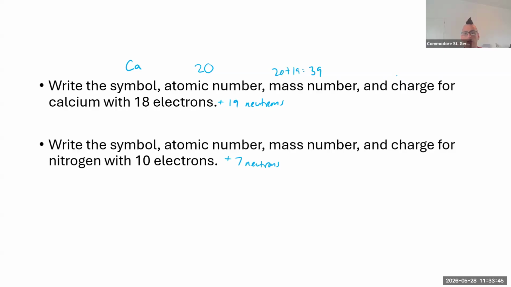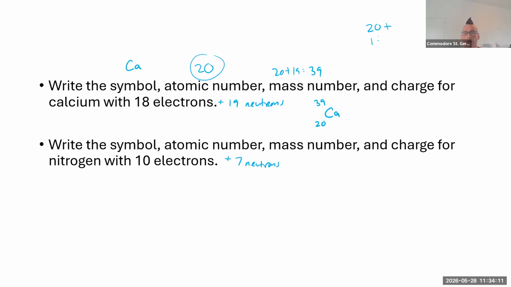That's going to be 39. And we have to figure out the charge. So let's do the first part of this, right? So we have calcium. It's a 20 here, which is the atomic number, and a 39. Well, let's figure this out. This has 20 protons. So we'll say 20 pluses.